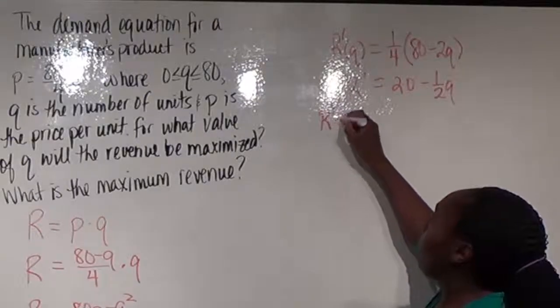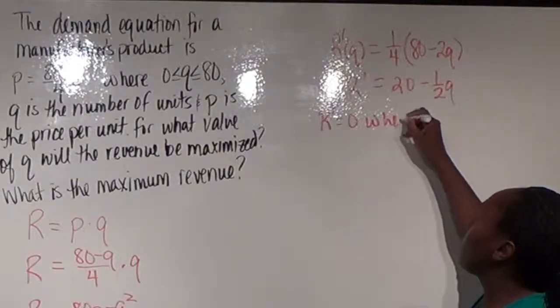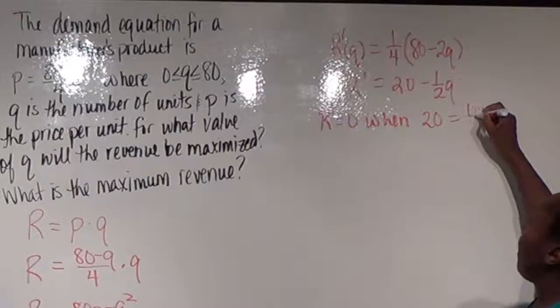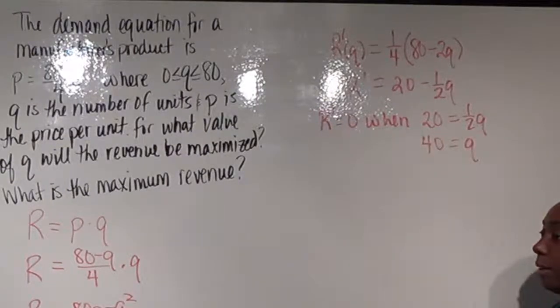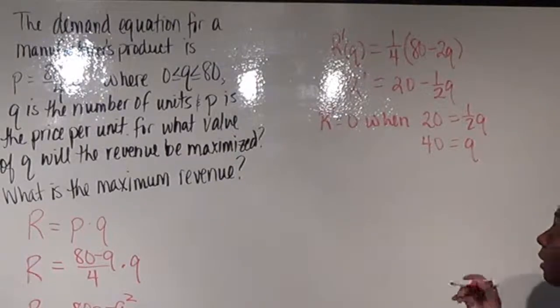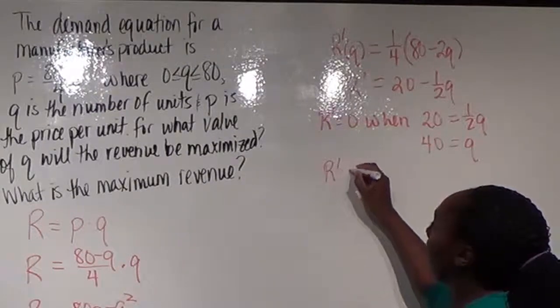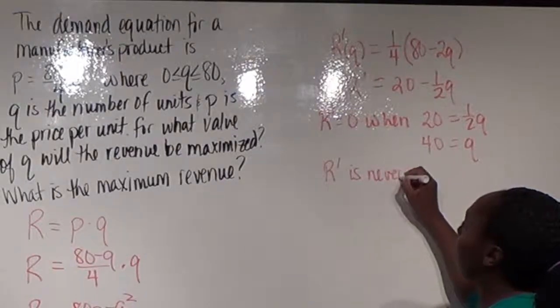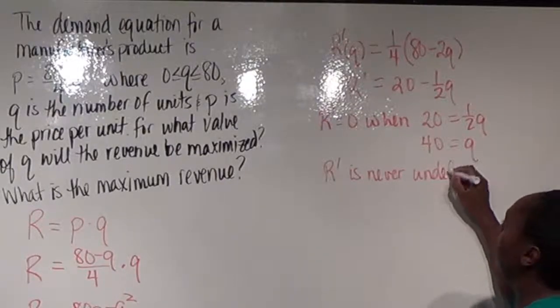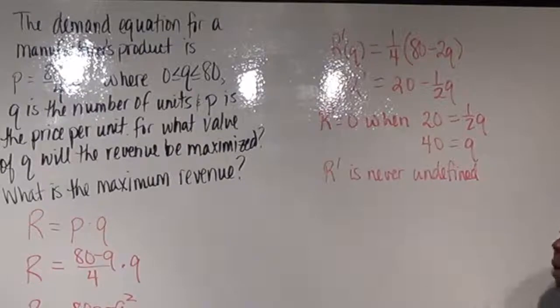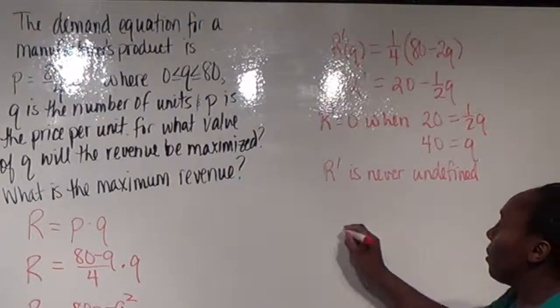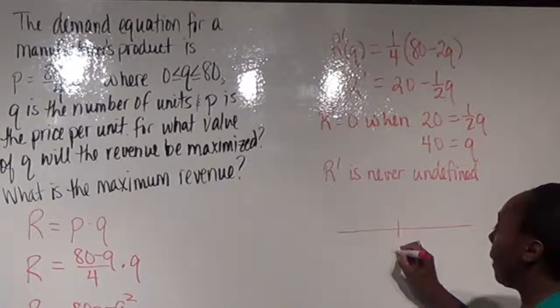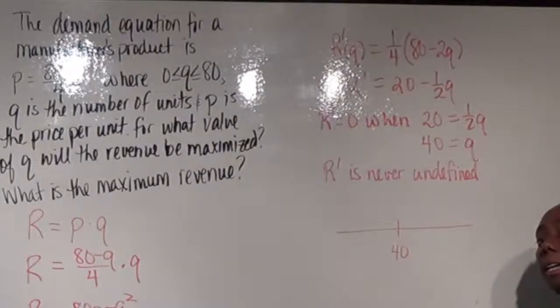So notice R prime equals 0 when 20 equals a half Q, or Q equals 40. R prime is never undefined. I just happen to have a nice polynomial function, so I don't have to worry about the undefined portion.